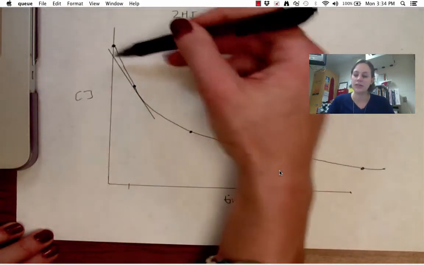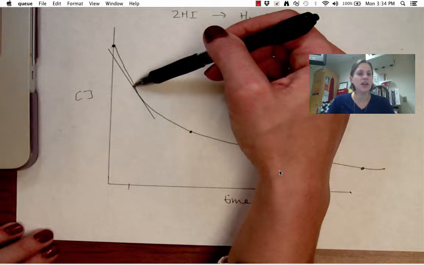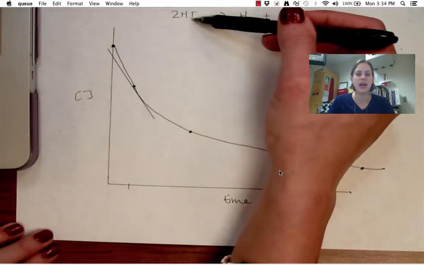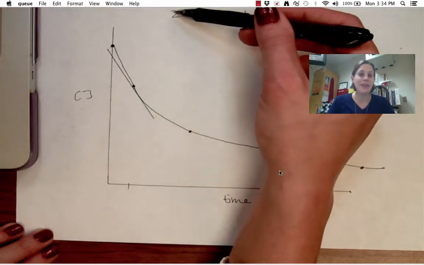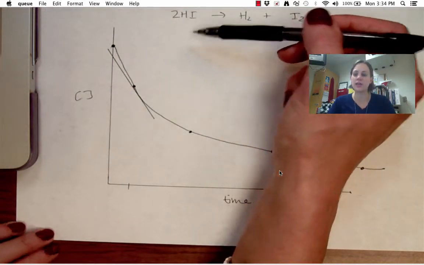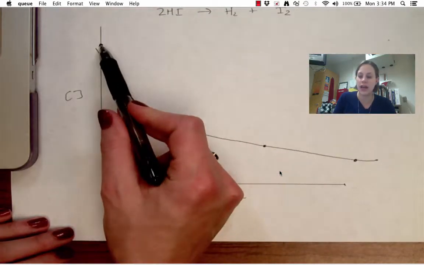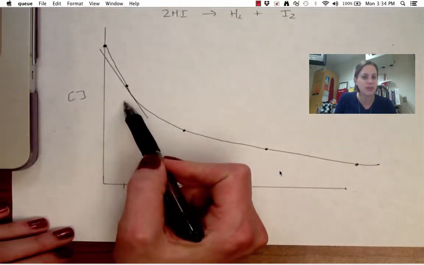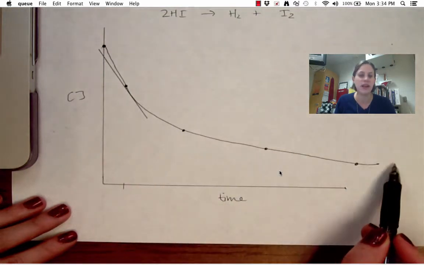And if I notice the steepness of this slope, it's changing very quickly. The concentration of HI is decreasing very quickly. There's a lot of HI molecules to react with each other at the beginning of the reaction. And so that drop in concentration happens very quickly. I notice just over time that it generally flattens out.